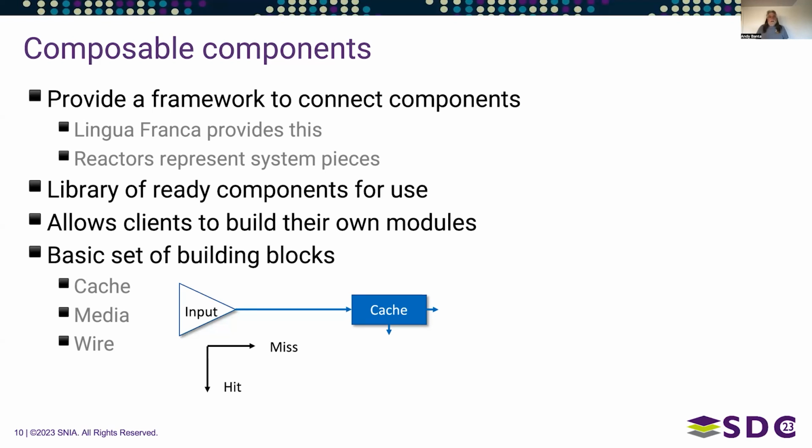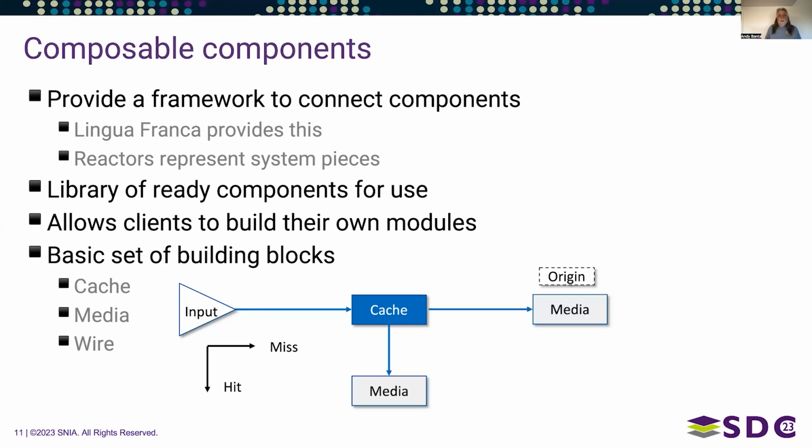If it's a hit, it will return the information quickly, and if it's a miss, it will have to pass the request along. And in both of these cases, what it's hitting or missing would be a media of some sort.